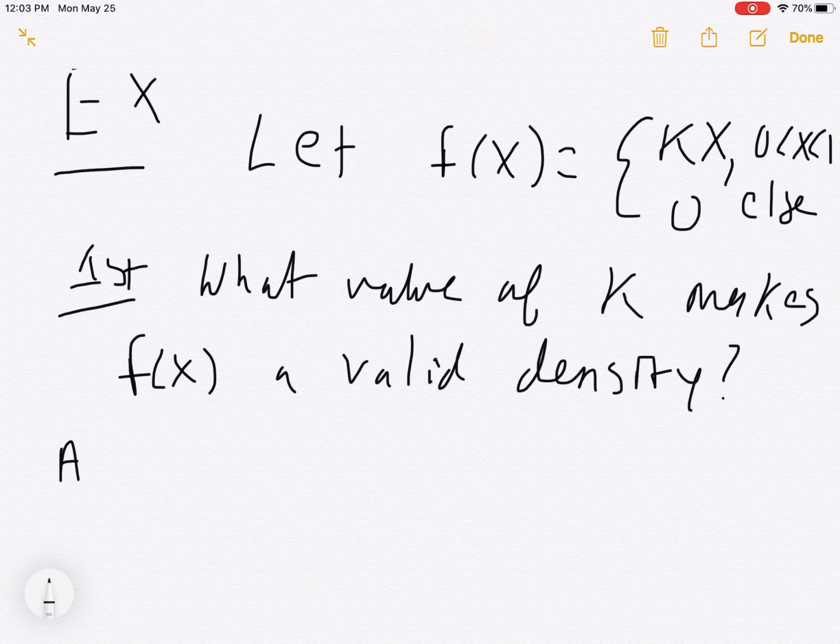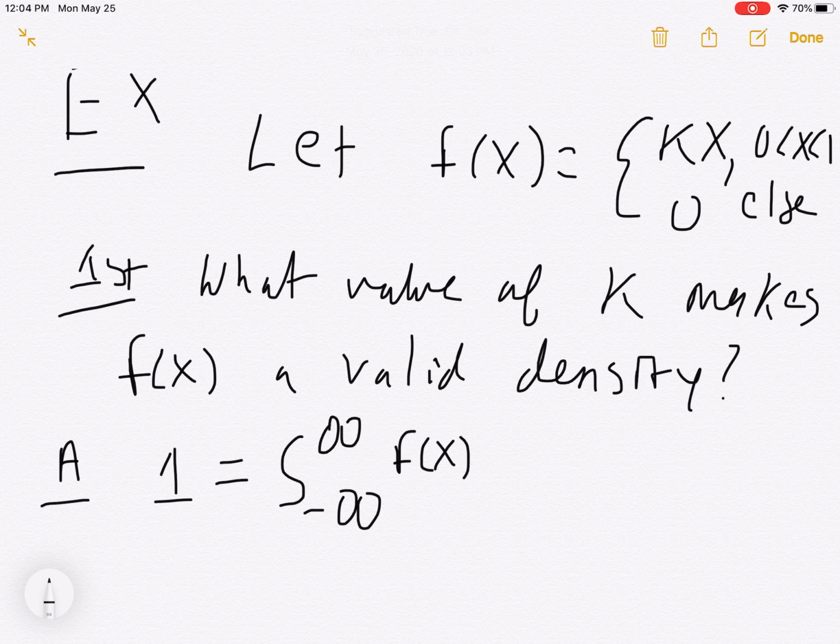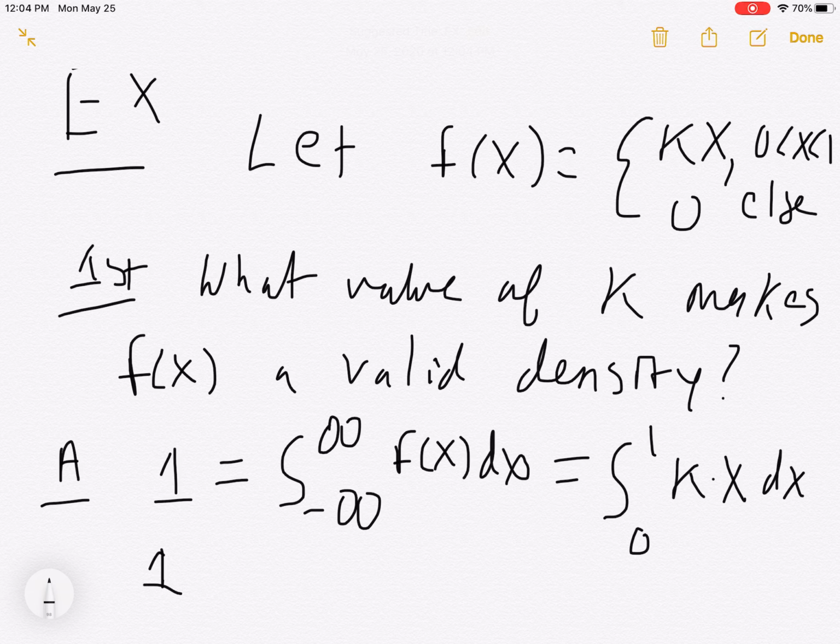And if I was to answer this question, we'd do it the same way we did it before. 1 is the total probability, and that would be the integral from minus infinity to infinity of f of x dx. But I don't have to integrate from minus infinity to infinity. It's only non-zero from 0 to 1, so the integral of k times x dx. So 1 is equal to that antiderivative, which is k times x squared over 2 evaluated at 0 and 1.